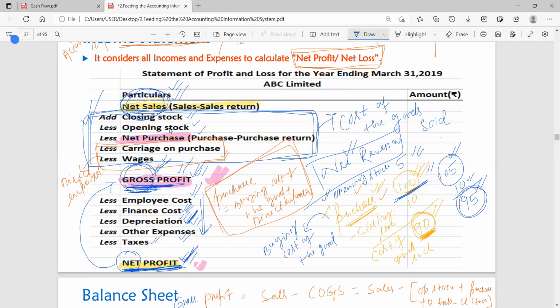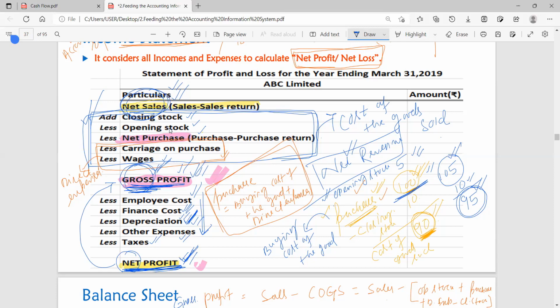And once we calculate the profit, we never immediately hand over the cash to the owner. Generally, this net profit is added to the owner's capital in the business, because the owner has already given funds to the business to start it.